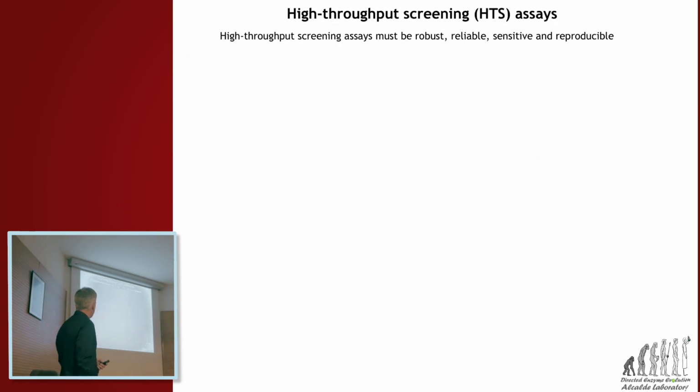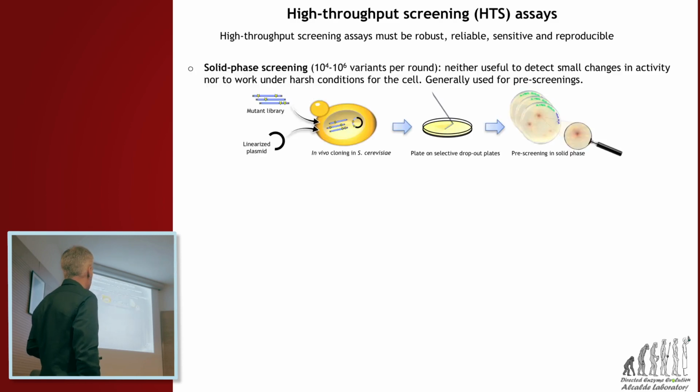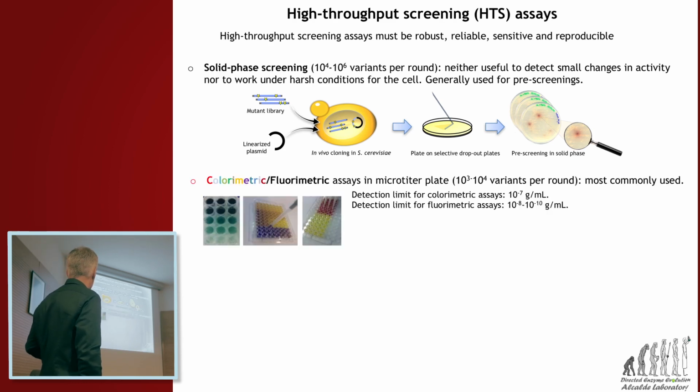High-throughput screening basically means the simultaneous assessment of the properties of the enzyme in a rapid way. And this basically needs an assay that must be robust, reliable, sensitive, and reproducible. There are many ways of making high-throughput screening assays, either in solid phase format, or most commonly colorimetric or fluorimetric assays.